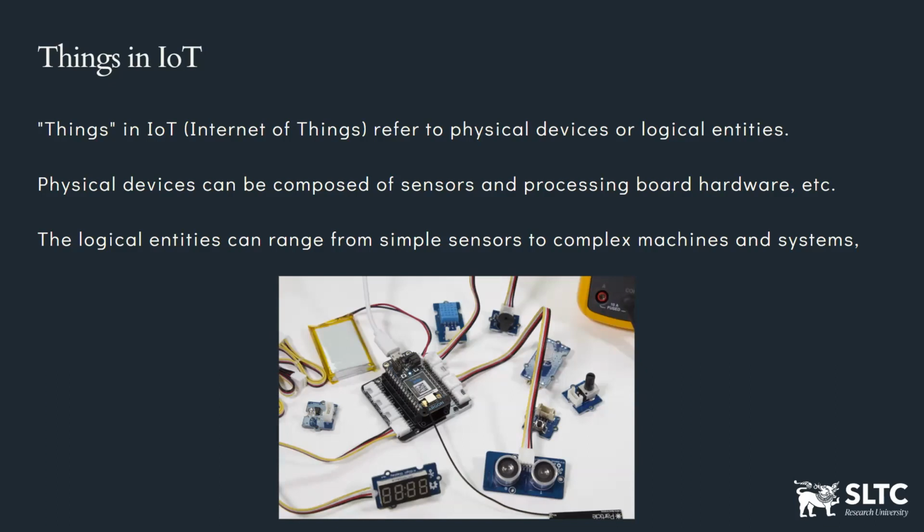So basically, in an IoT network, the device at the edge of the network is known as a thing, right? So the device which is at the edge of the IoT network will sometimes be a complex machine like a robot or other industrial machine, some kind of automated machine.